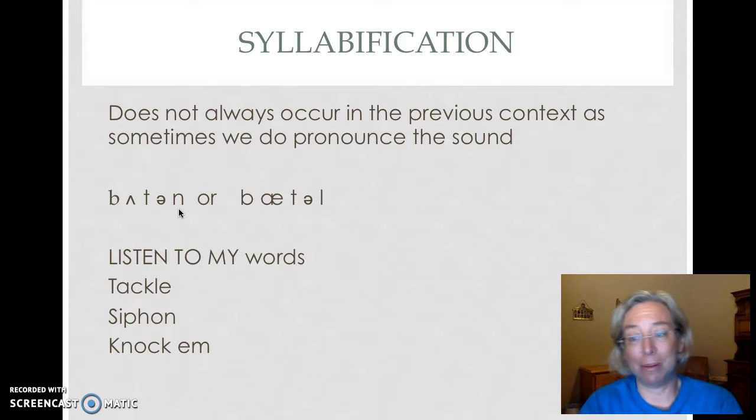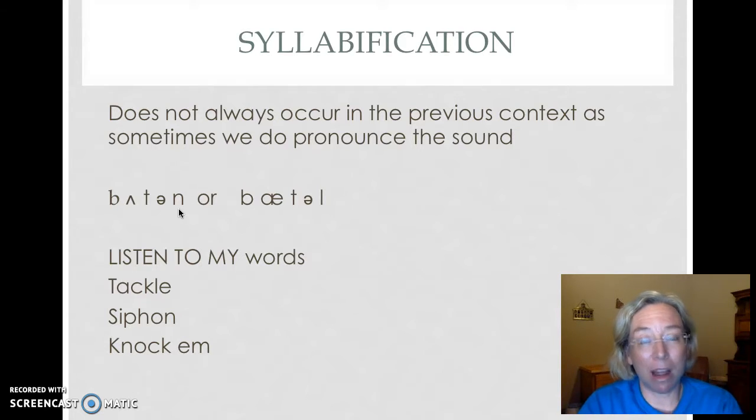Okay, this example. Siphon. Give you a second to think. Did you hear a vowel between the F and the N? Siphon. Hopefully you heard the vowel. I really tried to lengthen it.